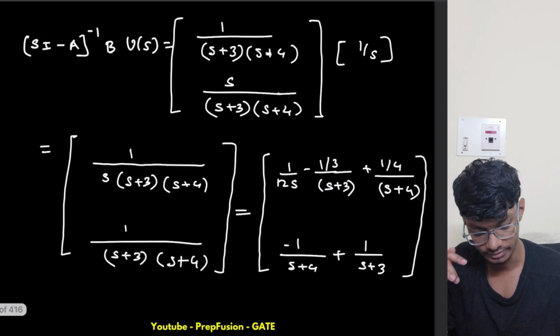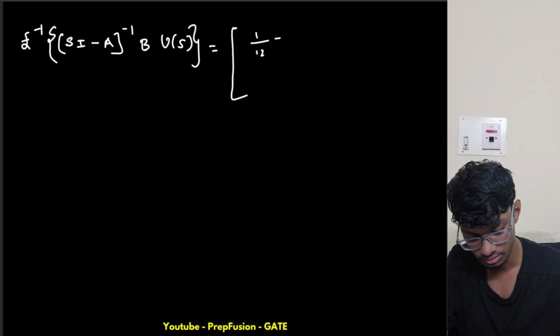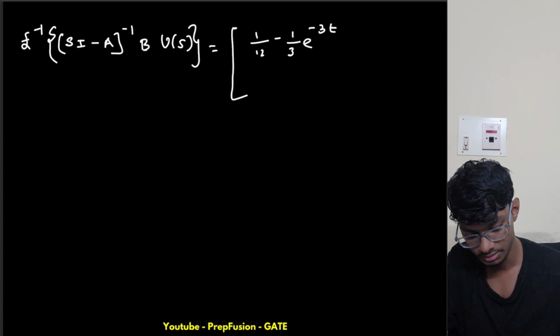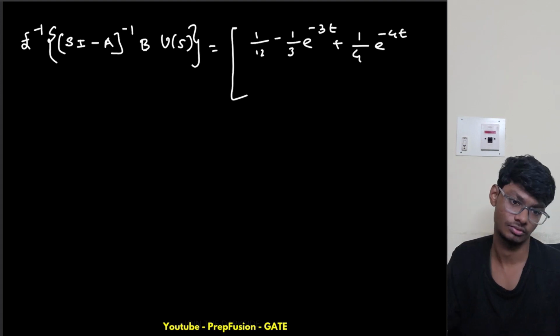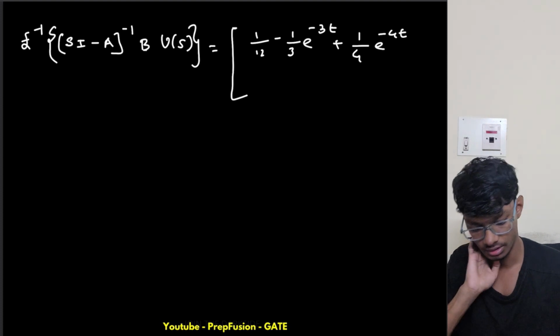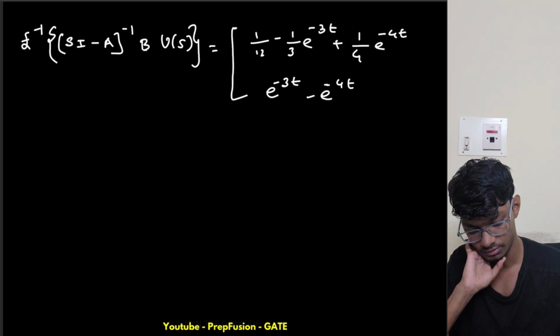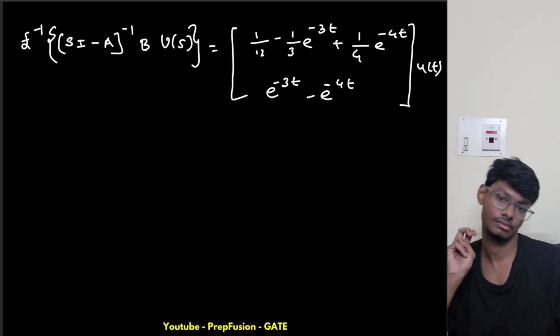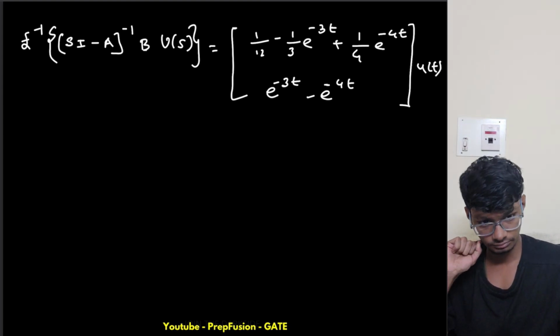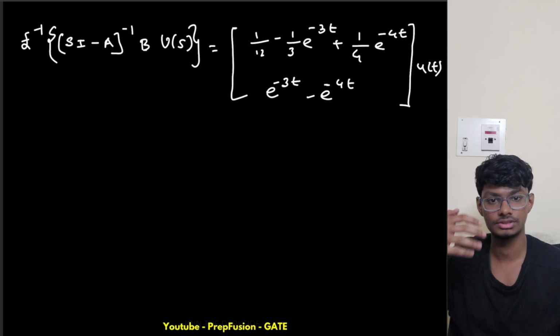Then what will be my other value? Minus 1 by 3 e raised to power minus 3t. Then this is plus 1 by 4 e raised to power minus 4t. So u of t will come outside. This is e raised to power minus 3t minus e raised to power minus 4t. So this is basically my zero state response.